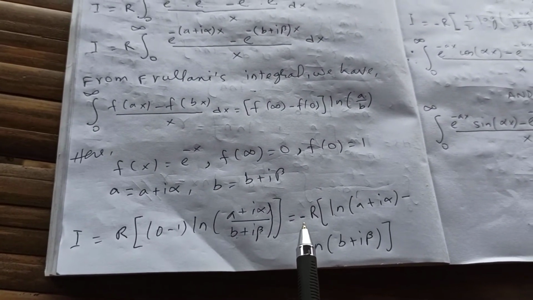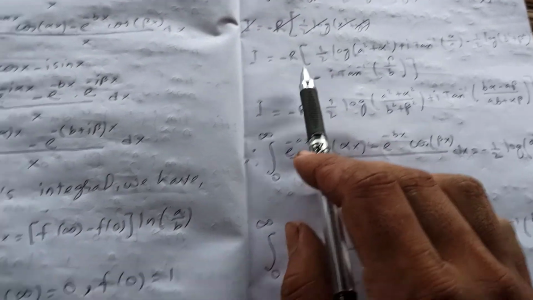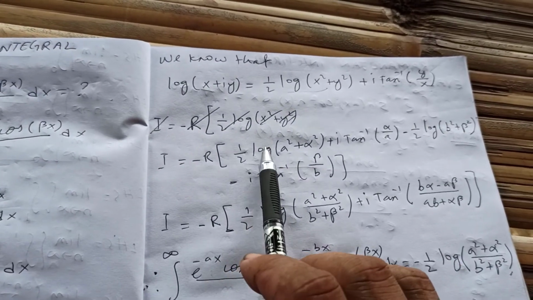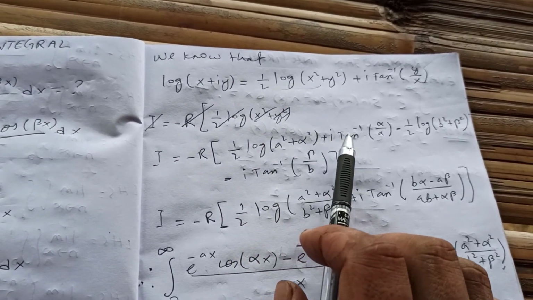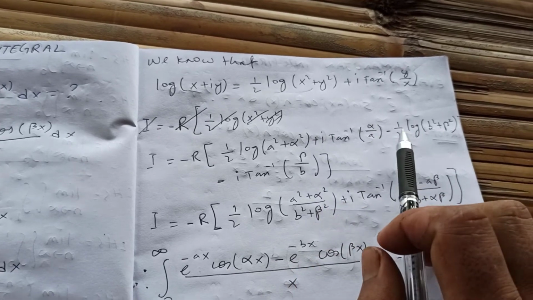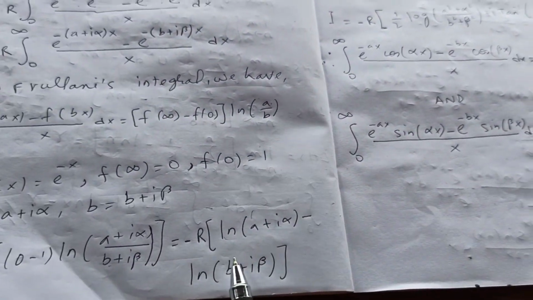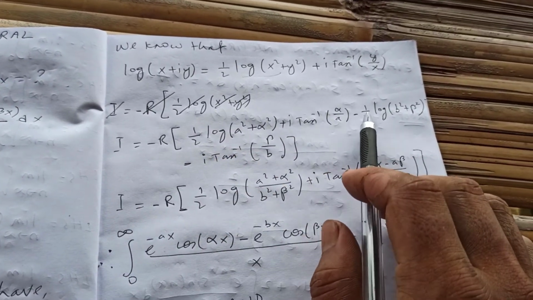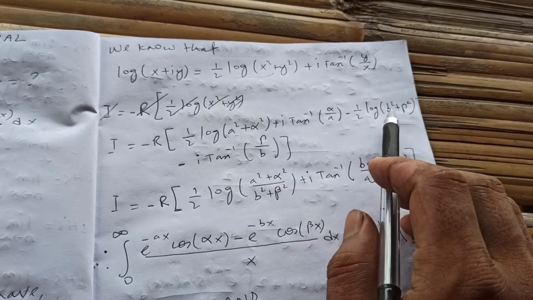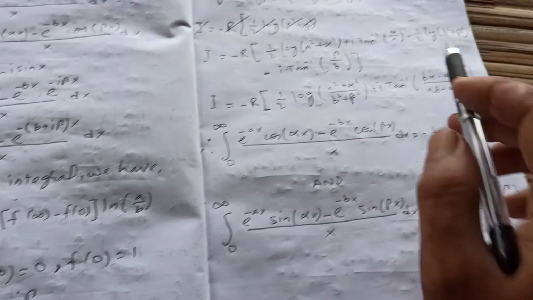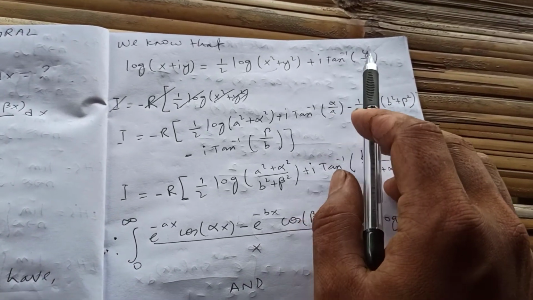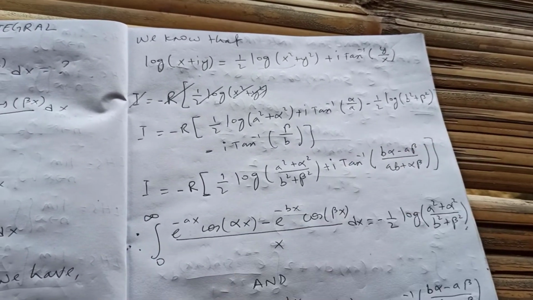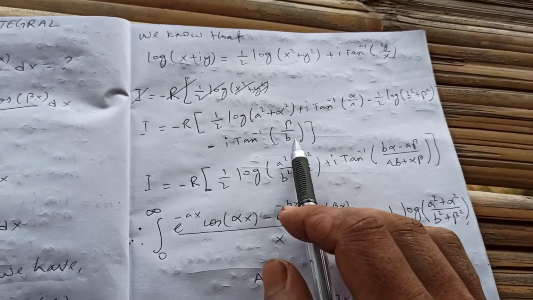I is negative real part times log of (a + iα), which is 1/2 log(a² + α²) + i tan^(-1)(α/a), minus log of (b + iβ), which is 1/2 log(b² + β²) plus, because of this minus, minus tan^(-1)(β/b), right? β by b.